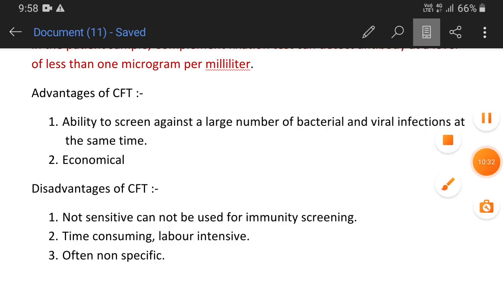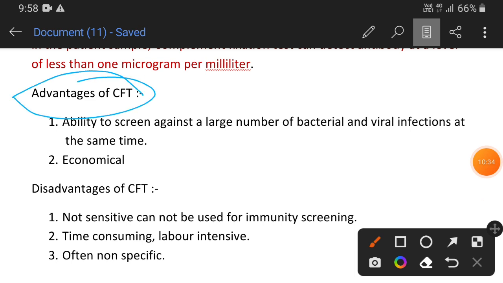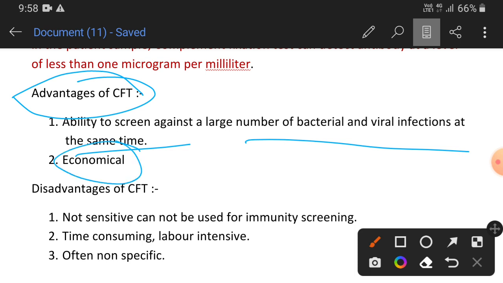Now let's talk about the advantages of the complement fixation test. The first advantage is that you can perform the complement fixation test for both bacterial and viral infection at the same time. And the second one is that it is economical. But the first advantage is in turn a disadvantage for the complement fixation test because it is not sensitive.